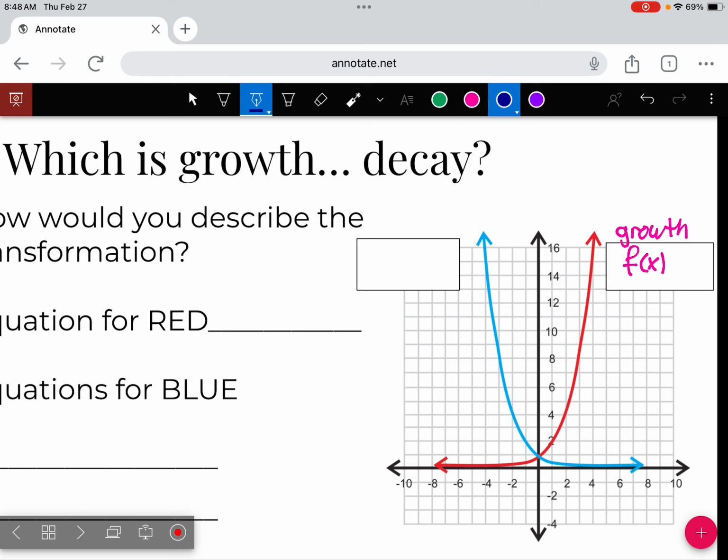So the blue one is probably going to be representing what? Decay. That's what decay graphs are going to look like. What is the difference here? What do we notice that's the same about our growth equation and our decay equation? What do we notice is different?